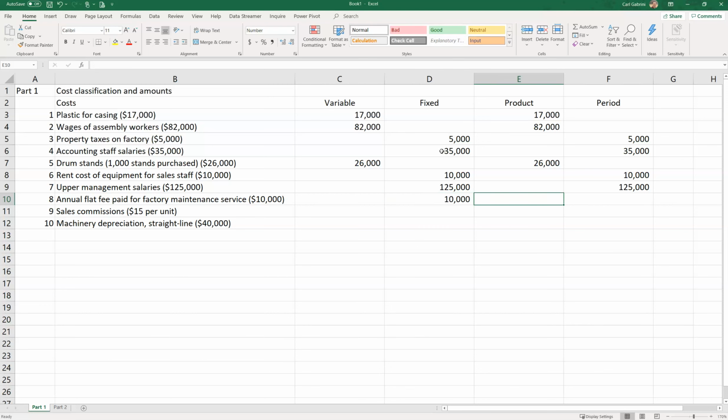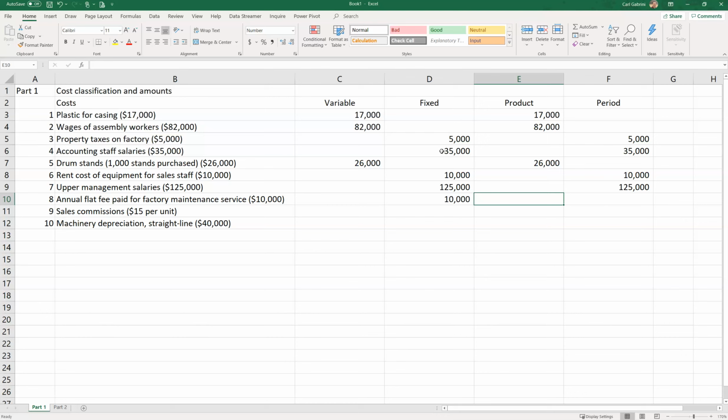And is it a product or a period cost? Well, this is interesting. Some people might try to say this is a period cost because it says annual flat fee. But it's maintenance service, a flat fee paid for maintenance service, and so we can directly tie that to the product.